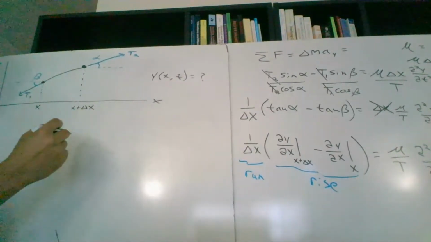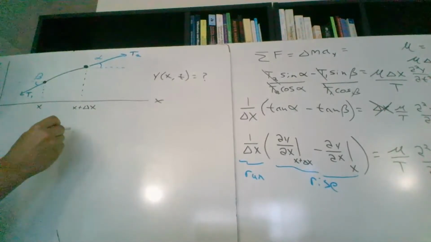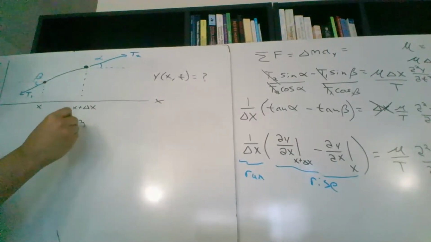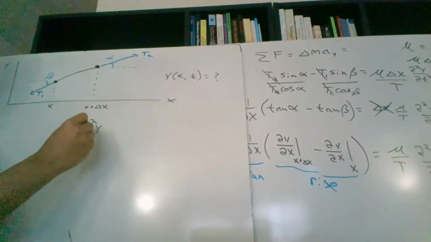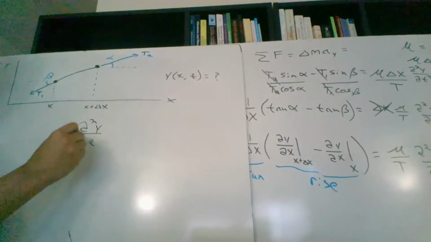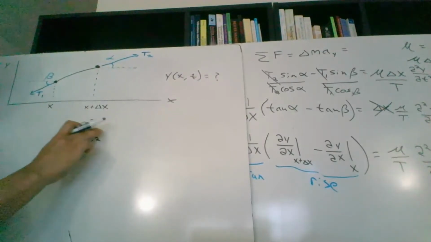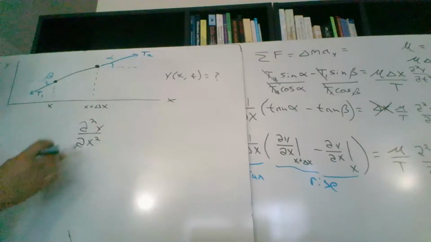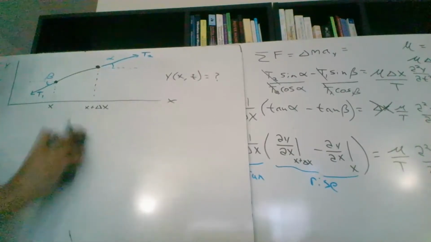So rewriting this, I'm going to have d squared y over dx squared. This is a y here; I should rewrite that, that's terrible writing.